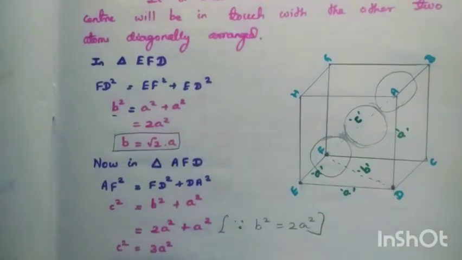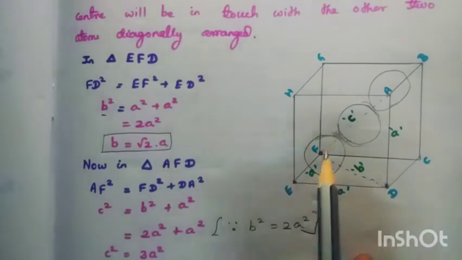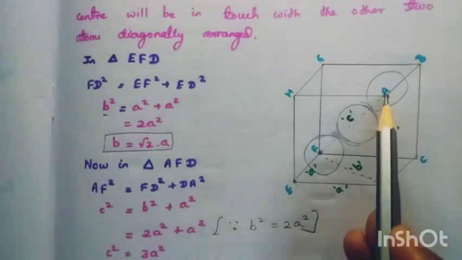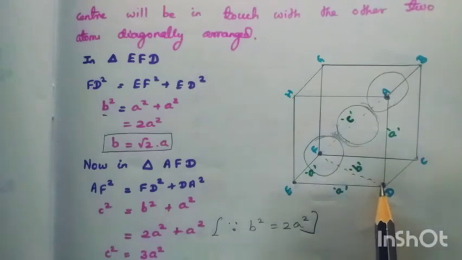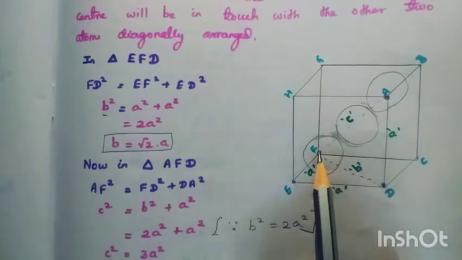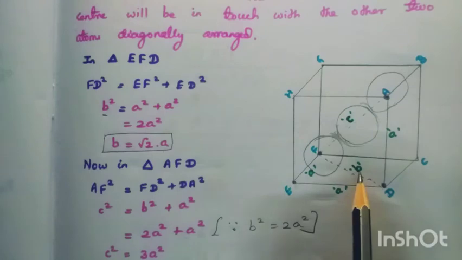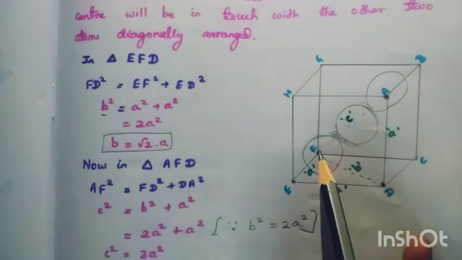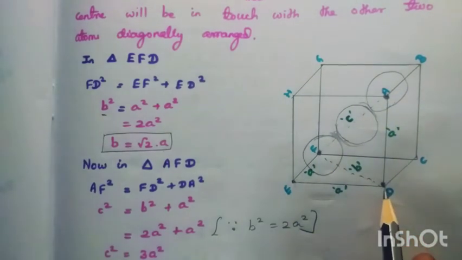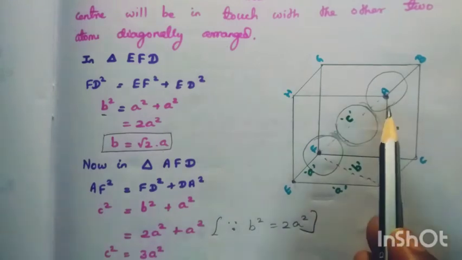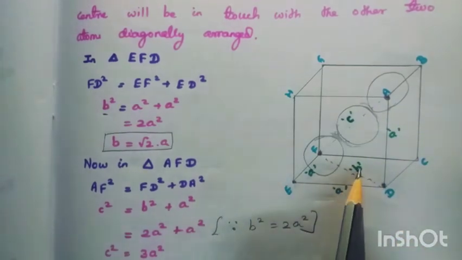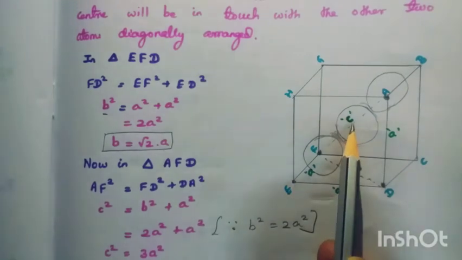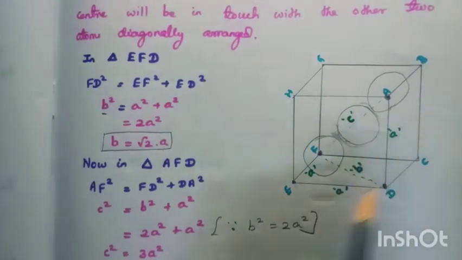Similarly, take another triangle, AFD. FD we know is b square. So AF square is equal to FD square plus DA square. This is b square, AF is c square, and this is a square.